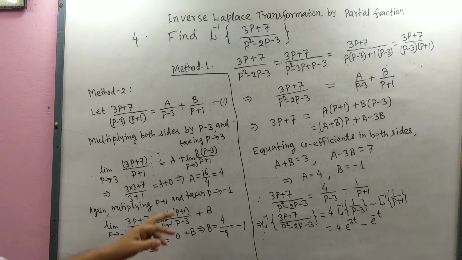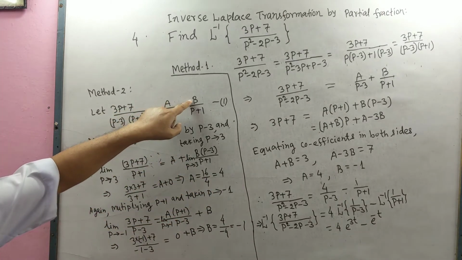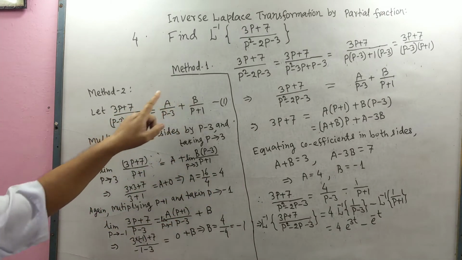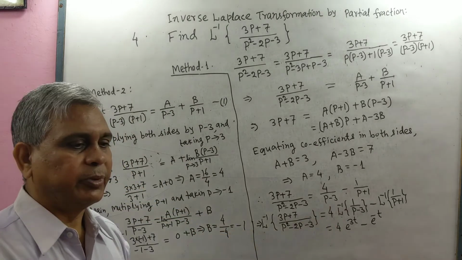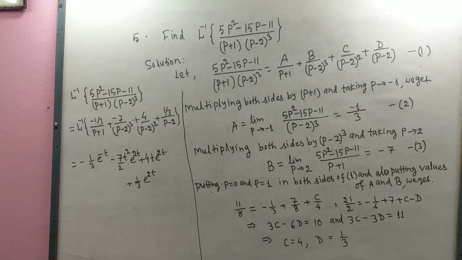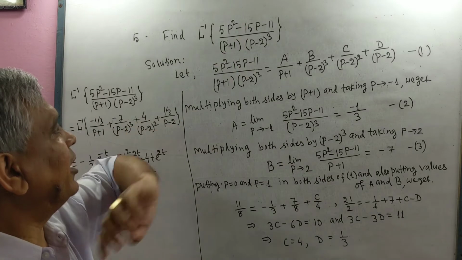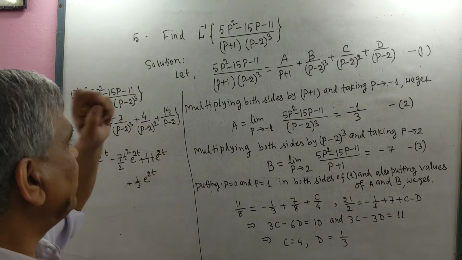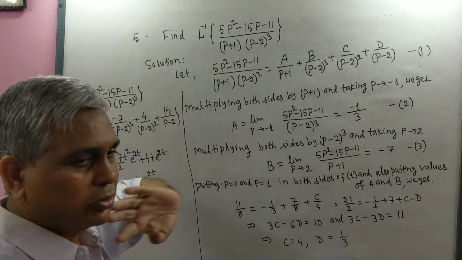So we find the values of a and b and put them here, then apply the inverse Laplace transformation similar to this, and we will get the same result. Now we solve another problem by the method of partial fractions. The given problem is L inverse of 5p square minus 15p minus 11 by p plus 1 times p minus 2 whole cube.